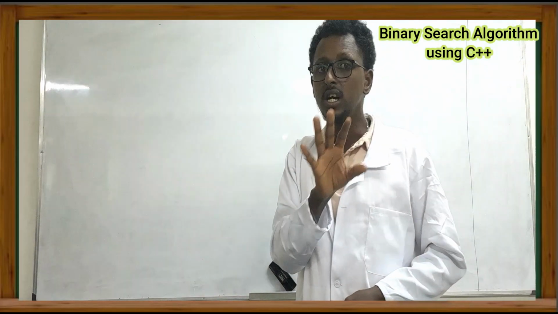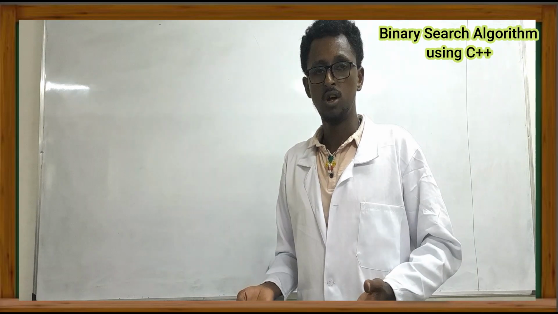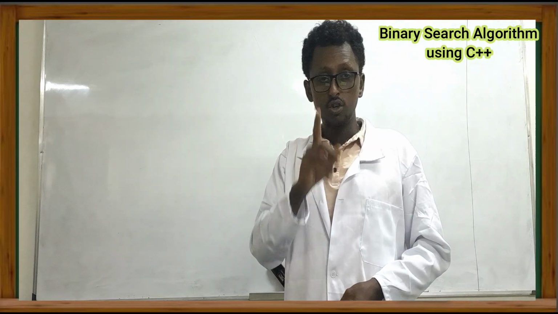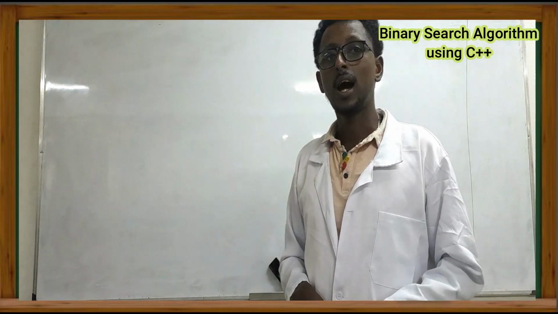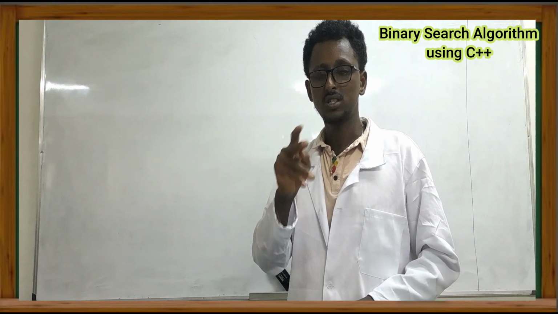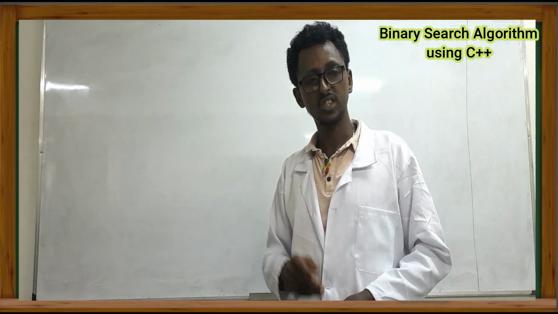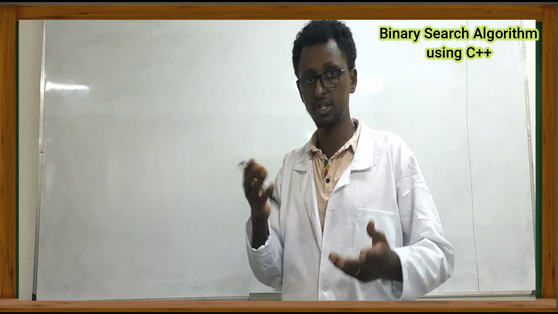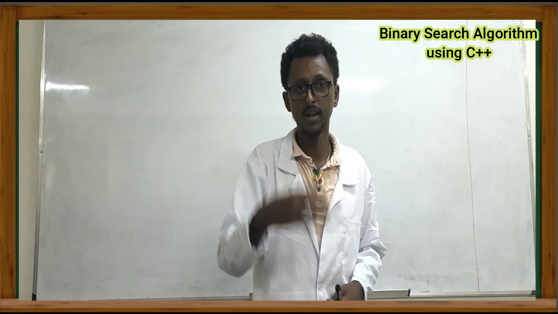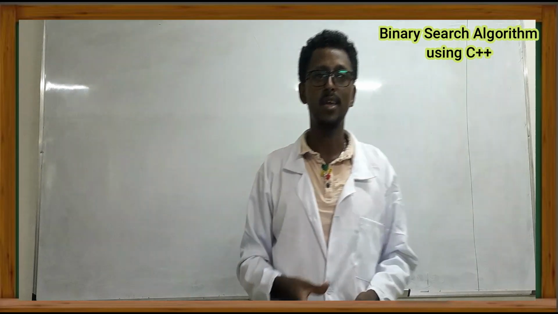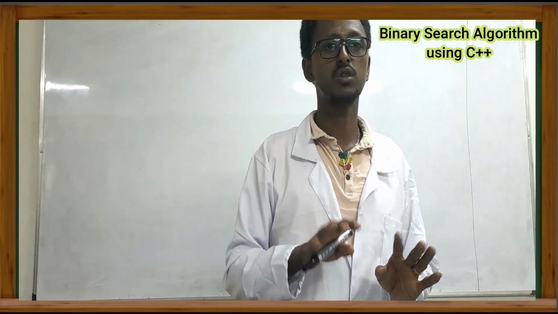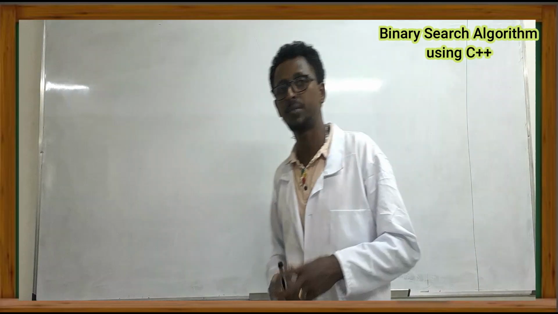So if your array is not sorted, or if your array is disordered, first of all your task is to sort the array by using selection sort, insertion sort, or bubble sort algorithms. After you sort the disordered one, you can apply the binary search algorithm. Otherwise, for disordered lists, binary search is not applicable.